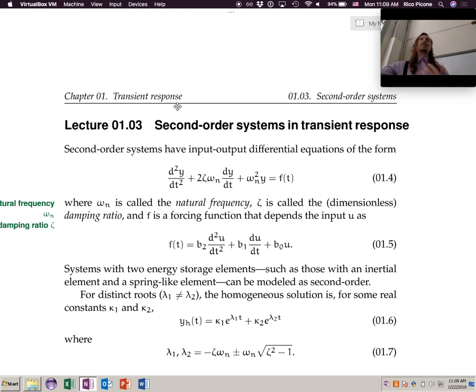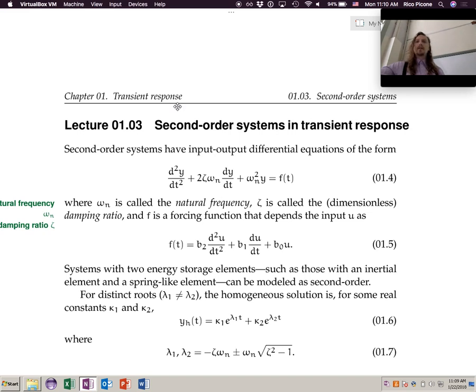Remember that higher-order systems actually look a lot like first and second-order systems, because they can be thought of as being composed of a bunch of first and second-order solutions when we find the response to inputs. So, good. Let's go ahead and get started.